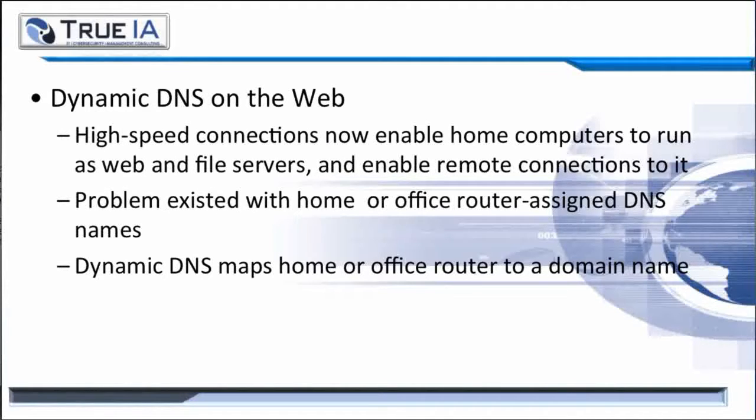With the advent of always-on high-speed connections at home, your home computer can now run as a web or file server and enable remote connections to it. The problem with this is now you have the existence of home or office router-assigned DNS names. Dynamic DNS maps the home or office router to a specific DNS name.